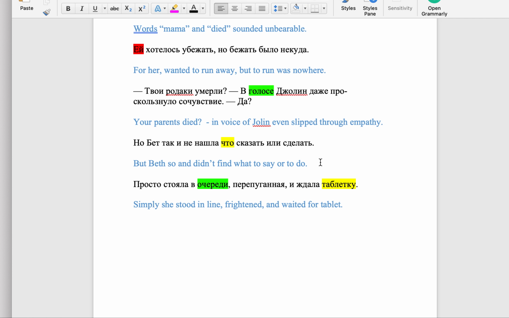Ждала что? So this is the accusative case. Таблетка is feminine, and so even for inanimate feminine nouns, as opposed to inanimate masculine nouns, which don't change, the feminine nouns typically do, unless they end in a soft sign. So таблетка changes to таблетку.